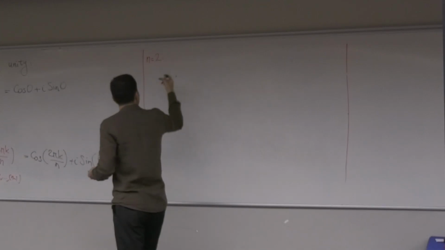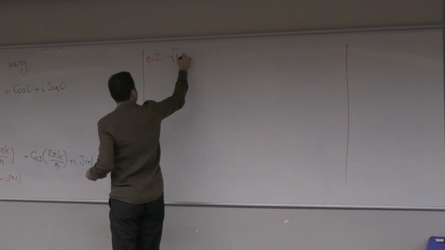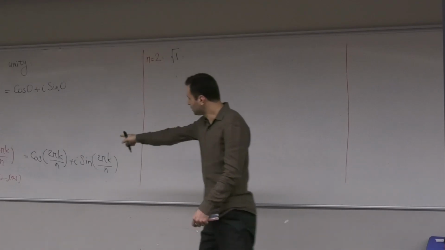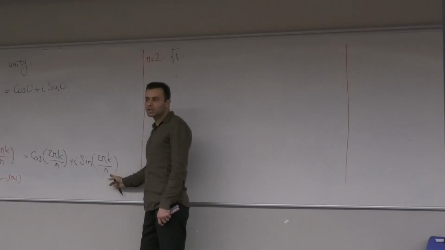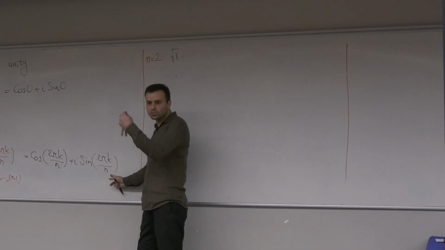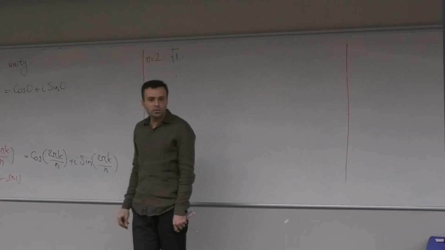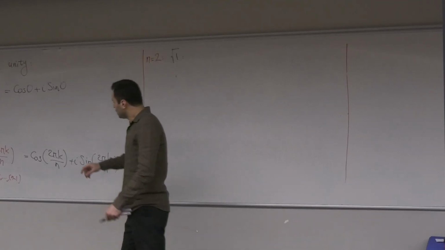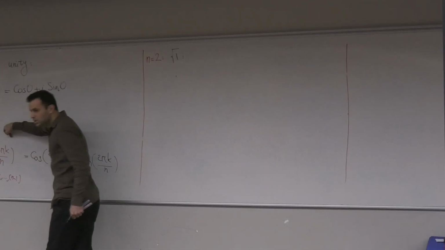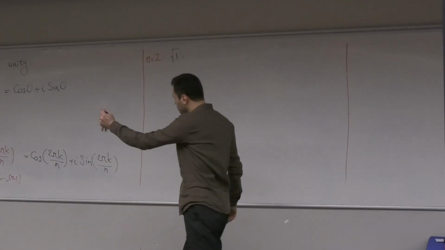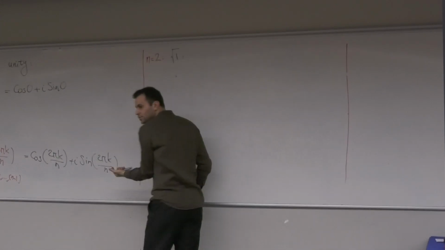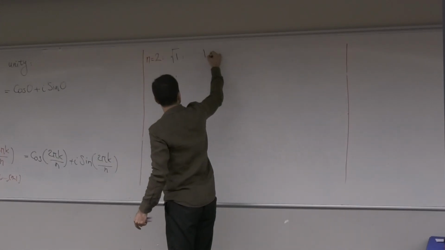And if we want to find the square root of 1, what will happen? We will select n equal to 2, and our k will be 0 and 1. If our k is 0, what will happen? It is going to be CIS of 0, and what is that? Cosine of 0 plus I times sine of 0, which is going to be 1.